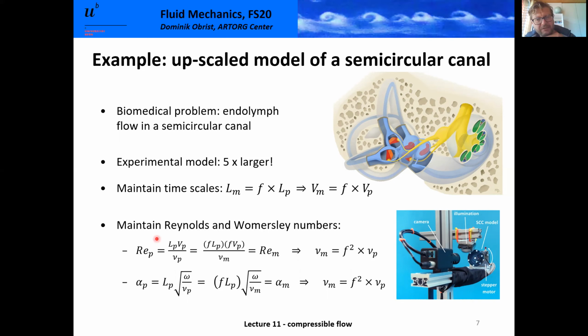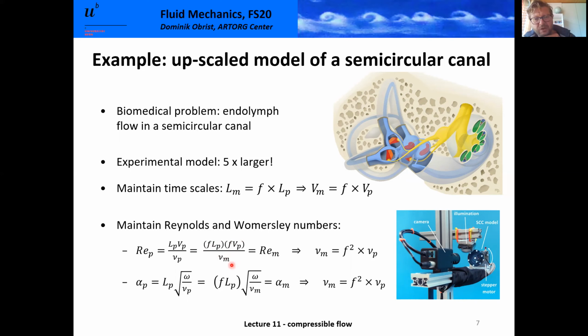If we then plug it into the Reynolds number, so this is the Reynolds number of the original problem, then the Reynolds number of the model is obviously F times L_P and F times V_P, so the scaled velocities and the scaled length scale. So we have an F squared.